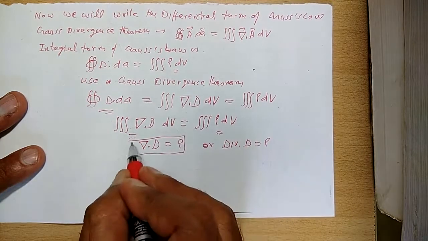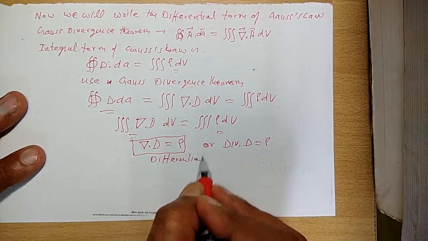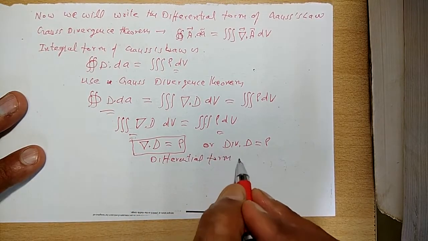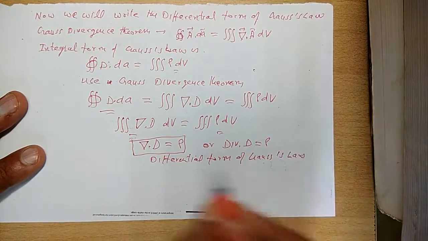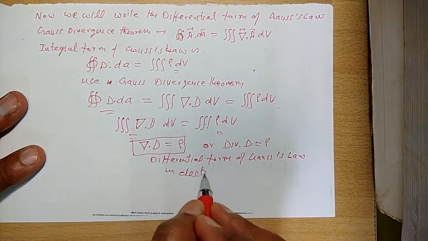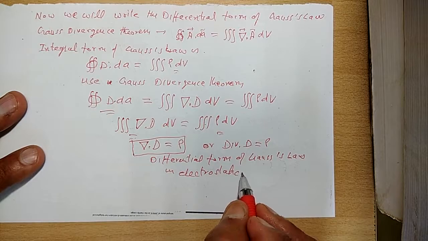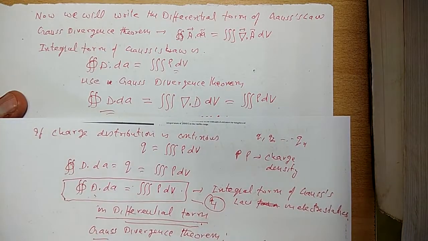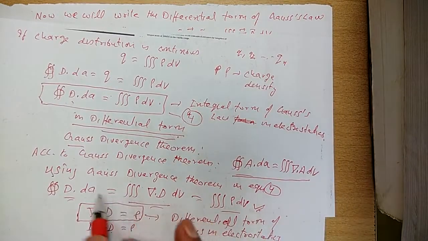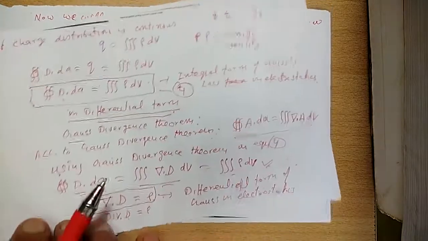So this is the differential form of Gauss law in electrostatics, and this is the integral form of Gauss law. So this is all about the Gauss law.